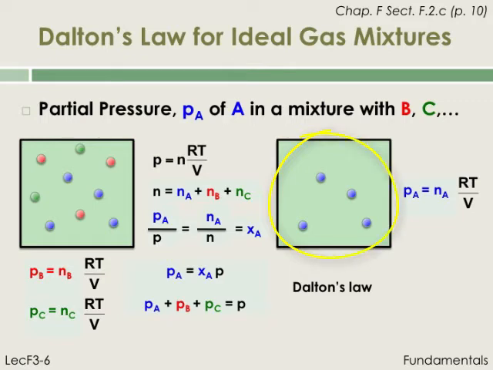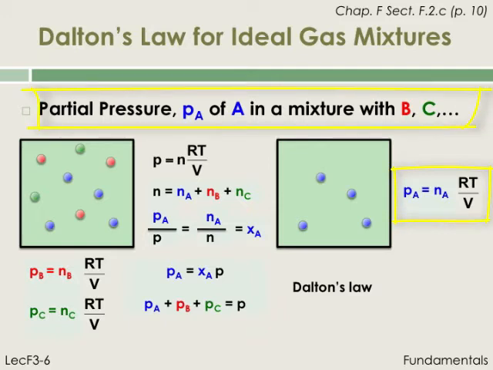And assuming it's alone is okay, because with ideal gases, remember, the molecules do not interact, so they ignore each other. Each molecule behaves independently of the other. So whether this molecule ignores just the blue molecules or the blue, red, and green is the same. So this is a good approximation. And P sub A we're going to call the partial pressure of A.